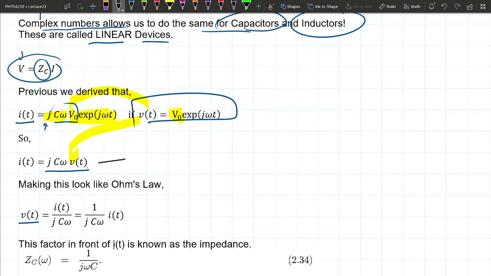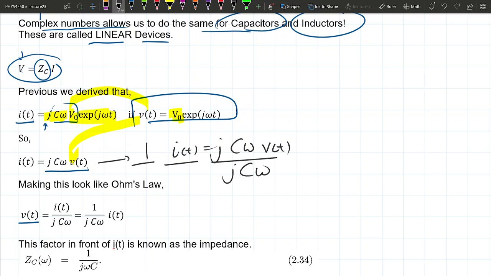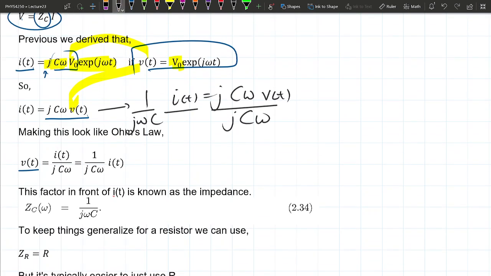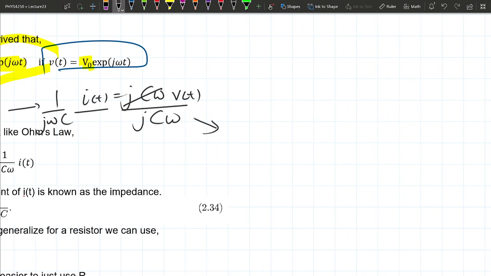Now I have something that's almost like Ohm's law. I have current that's equal to j capacitance omega times voltage. If I divide both sides by j capacitance omega, these cancel out.